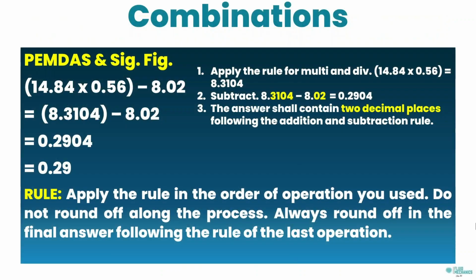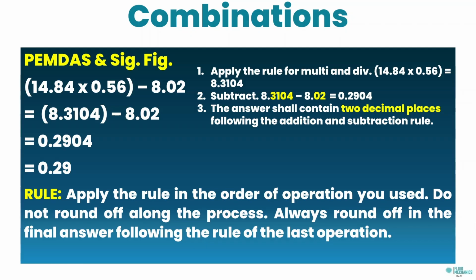But what about when we combine the operations? When we combine the operations, a simple rule would be following PEMDAS. PEMDAS is an acronym of the order of operations in mathematics. The first one to be calculated must be within P. P means parentheses.